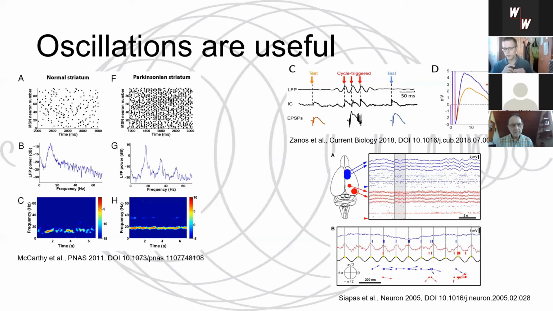Or third example, for memory function, you can find some very interesting properties of oscillation. So for memory encoding, it seems to be an important working mode of the brain that we have this oscillation called hippocampal theta. So this is a slow oscillation in the hippocampus.